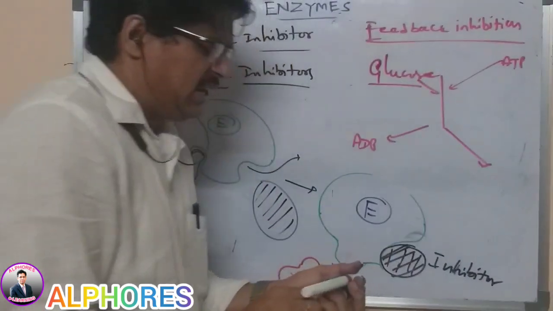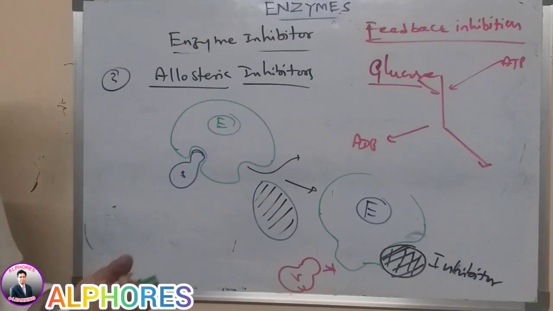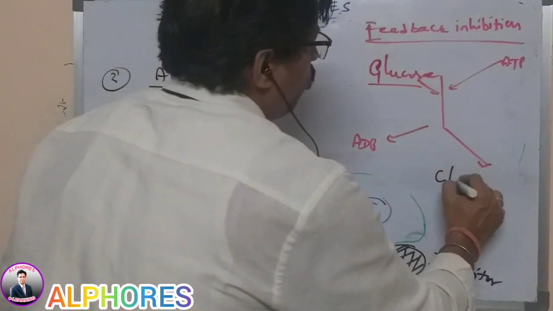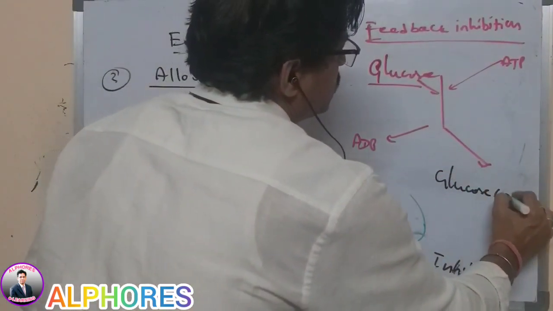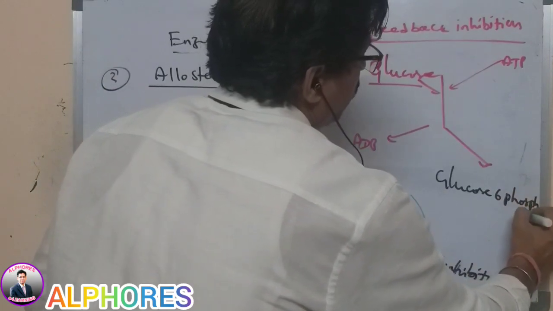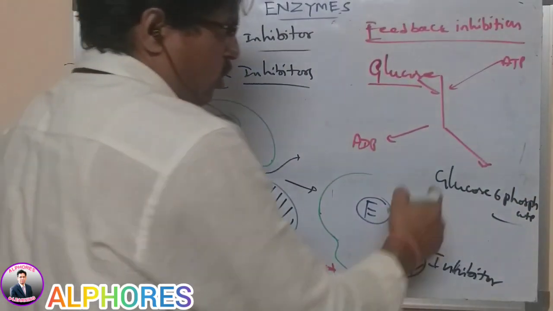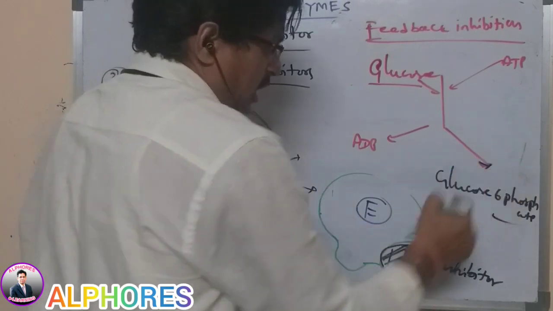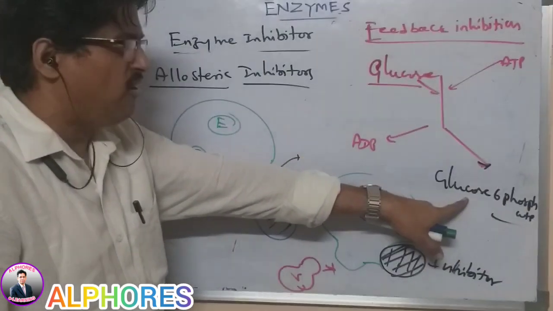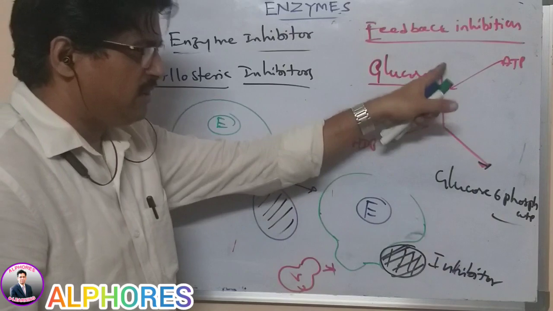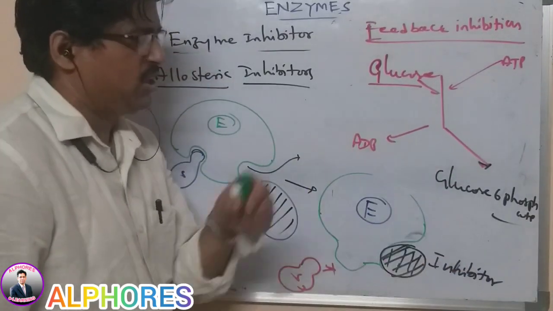Glucose here, succeeded by phosphorylation. What did you find? Glucose 6-phosphate is formed. This glucose 6-phosphate is one of the intermediary products during the glycolysis process, when glucose is converted into pyruvic acid.